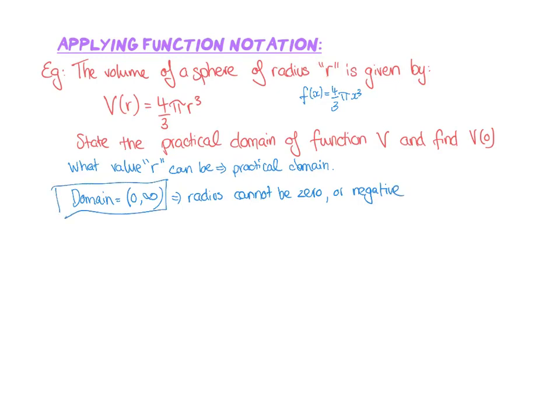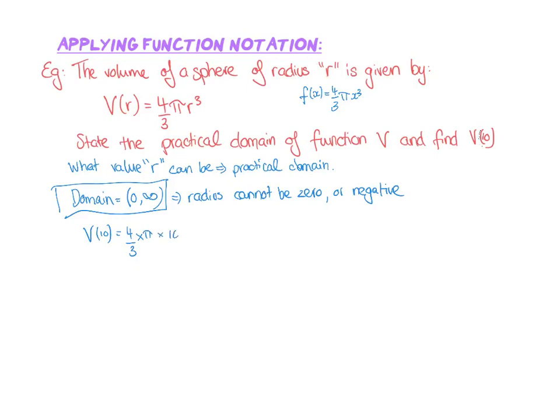Okay, now they've also asked me to find, it should have been read, find v of 10. I'll just fix that up. V of 10. To find v of 10, all you have to do is everywhere you see the radius, you put the number 10.